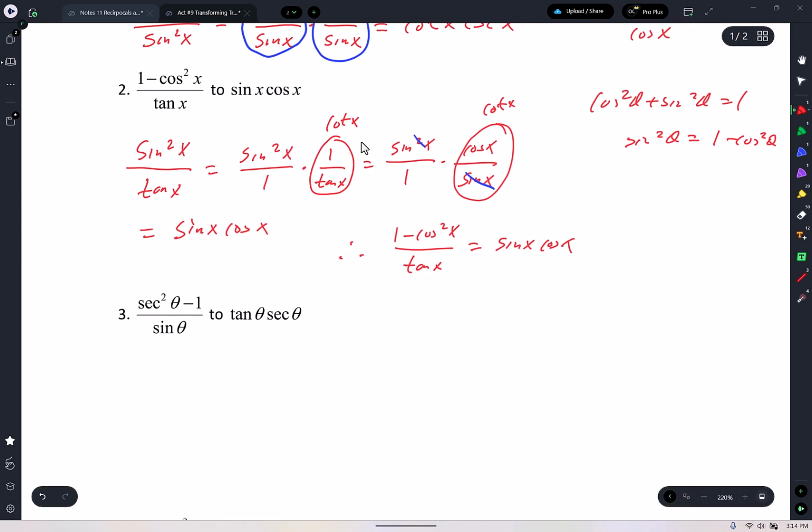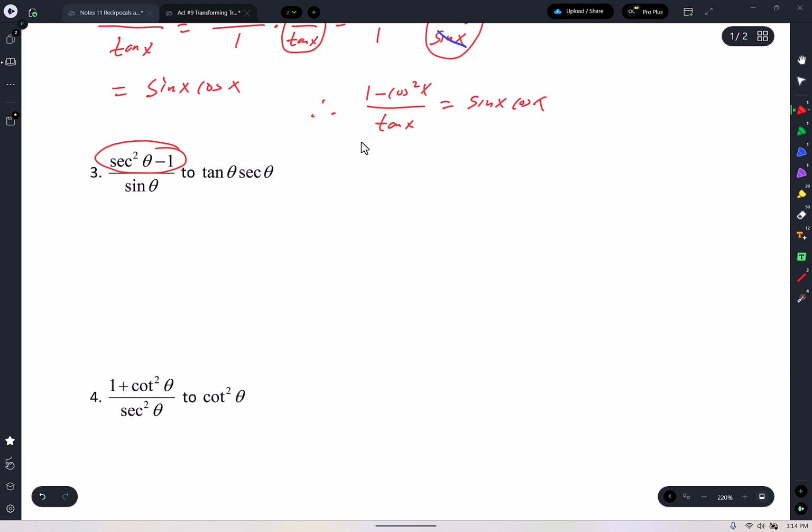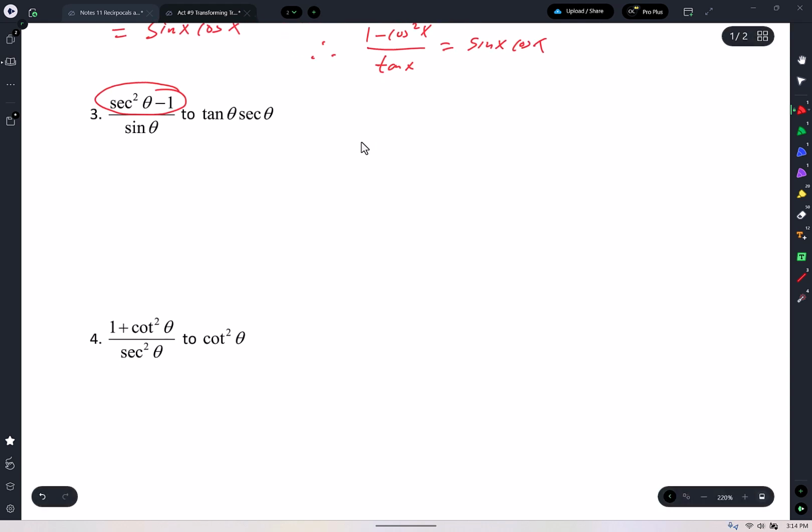Okay, tell me, what do I do? One plus cotangent squared theta equals. Wait, this is 3, sorry. We only opened 4, not 3. Okay, no, that's fine. Let's do number 4.